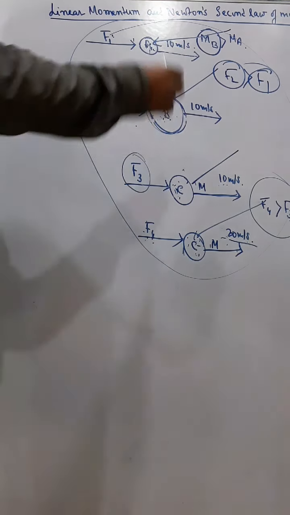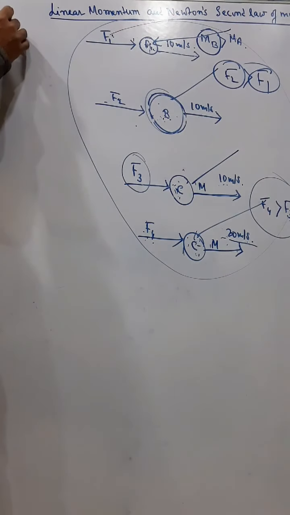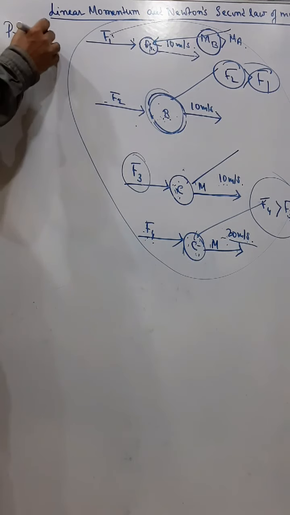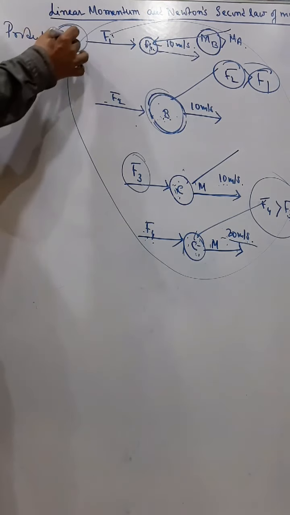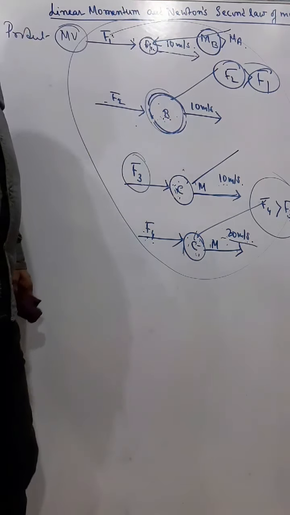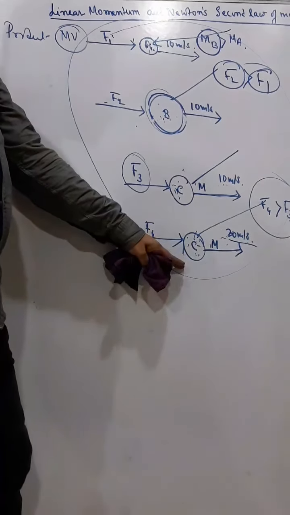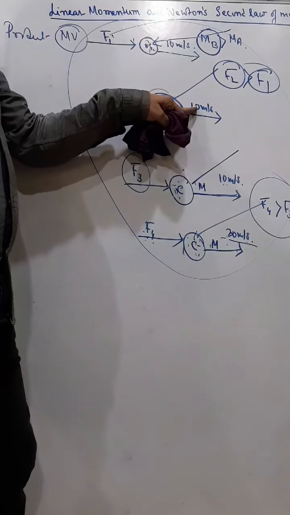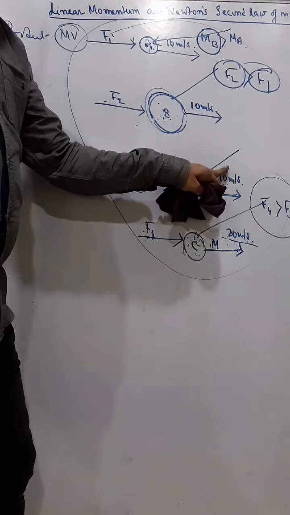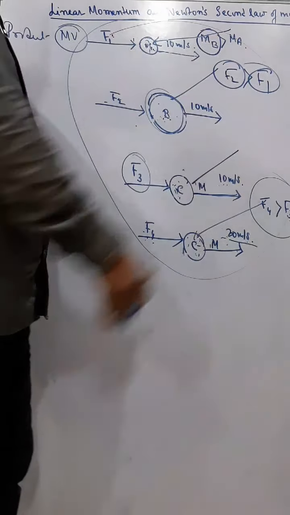And in fact force depends upon the product of mass and velocity, because any situation can come. Like I have told you, two different masses having the same velocity, two same masses having different velocities, in both cases the forces are different.